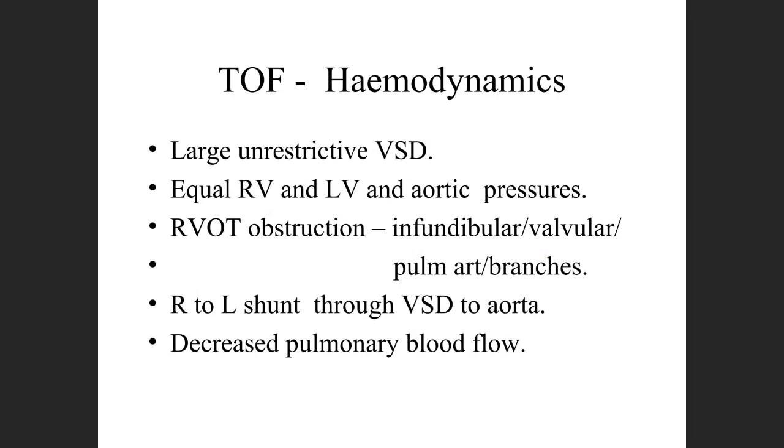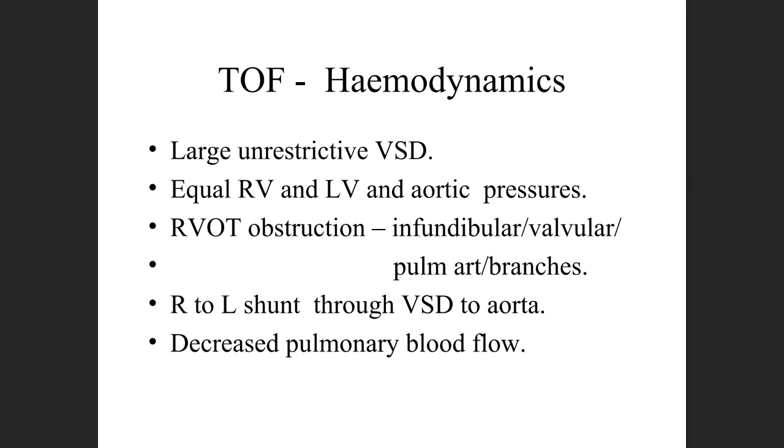The hemodynamics involve a large unrestricted VSD. So they usually have a large ventricular septal defect. And at cardiac catheter, when you measure the systolic pressures in the right ventricle, in the left ventricle, and in the aorta, the systolic pressures are the same, and that's characteristic.